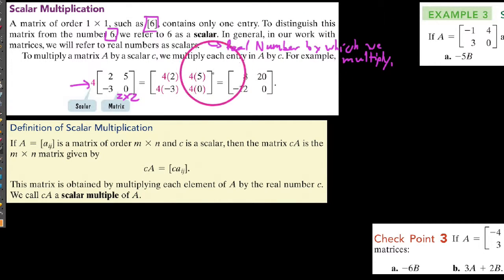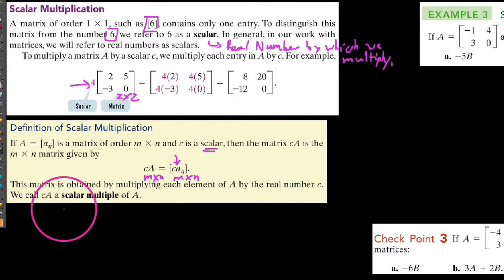They're scalar multiples. Essentially, to multiply a matrix A by a scalar C, we multiply each entry in A by C. This is our example here, but you can see that the definition down here includes A as being this matrix full of all these little a's in the ith row and jth column. If this is some matrix of order n by n and C is some real number, some scalar, then the matrix CA is the n by n matrix, so it has the same order as the original matrix, but all the entries on the inside have been multiplied by this real number C. I suppose we could multiply by 0, but we often don't do that.